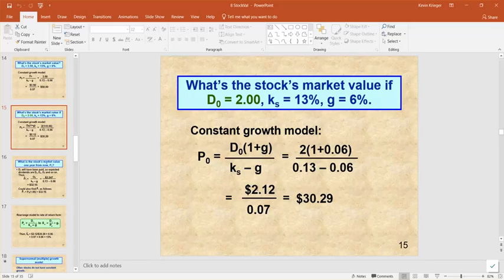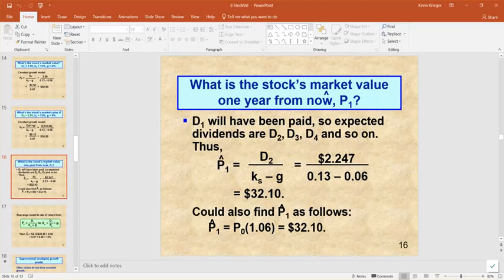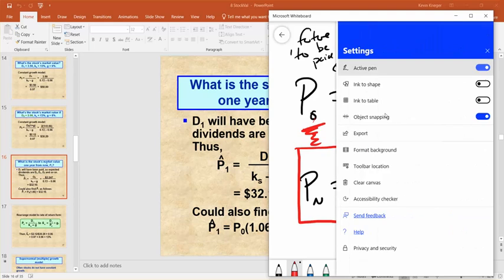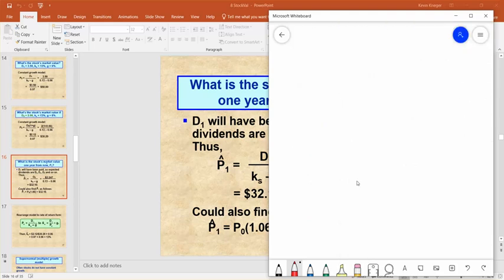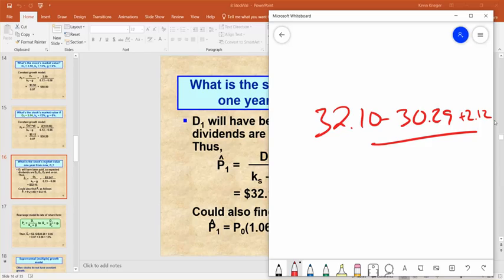You expect to make a $2.12 dividend, and you expect the price to go up from $30.29 to $32.10. So if you get really bored here and you want to go even more into detail, you can show for yourself that going up in price from $30.29 to $32.10, adding on a $2.12 dividend, is another way of getting your 13%.